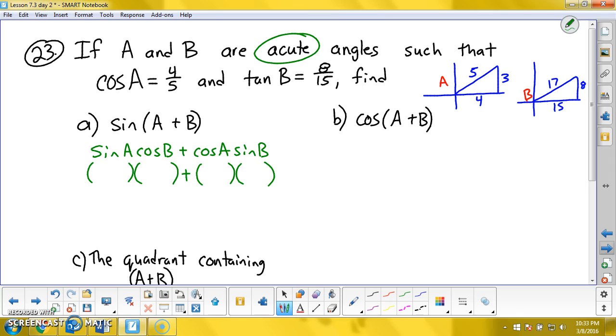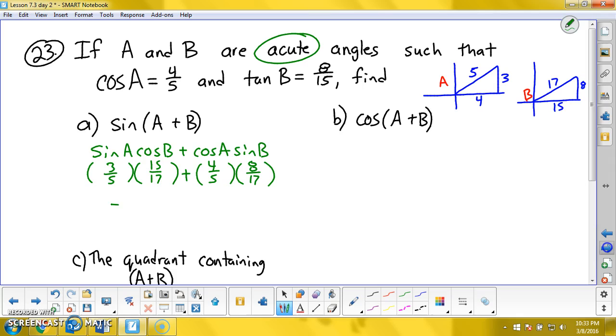The sine of angle A is 3/5. The cosine of angle B is 15 over 17. The cosine of angle A is 4/5. The sine of angle B is 8 over 17.